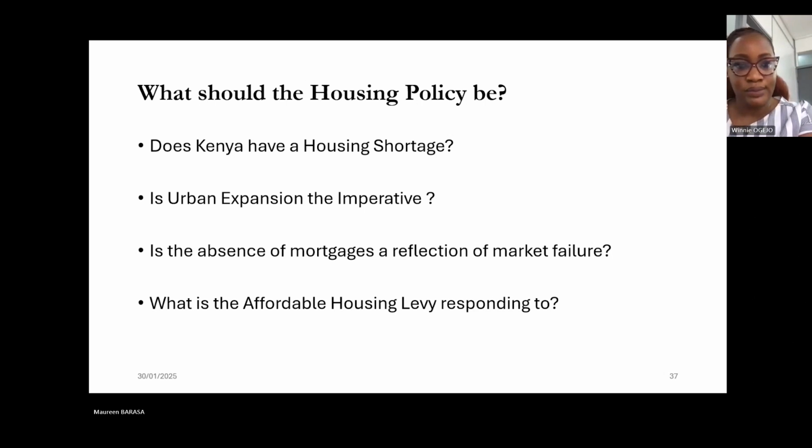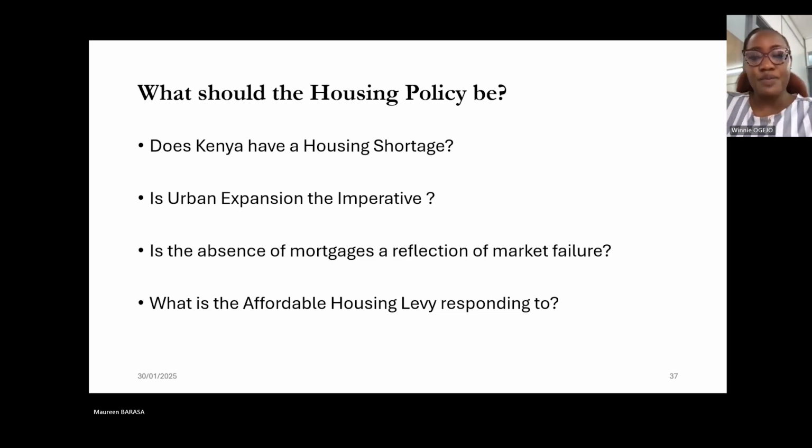I'm just curious, as a follow-up question to Kwame's summary, if we are talking of a question of quality of housing rather than supply, are we then looking at a problem of the cost of materials for construction?